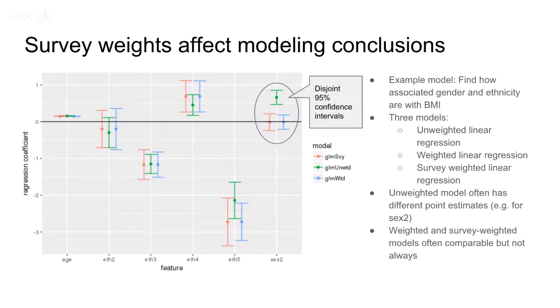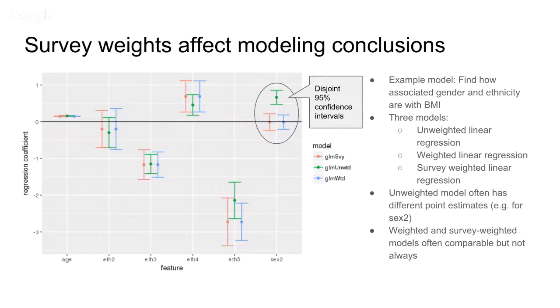A weighted linear regression, so it uses the weights, but not all of the complex survey design. And then the full survey weighted linear regression. Each of these triples of numbers is the set of regression coefficients for that model, and the bars are 95% confidence intervals.